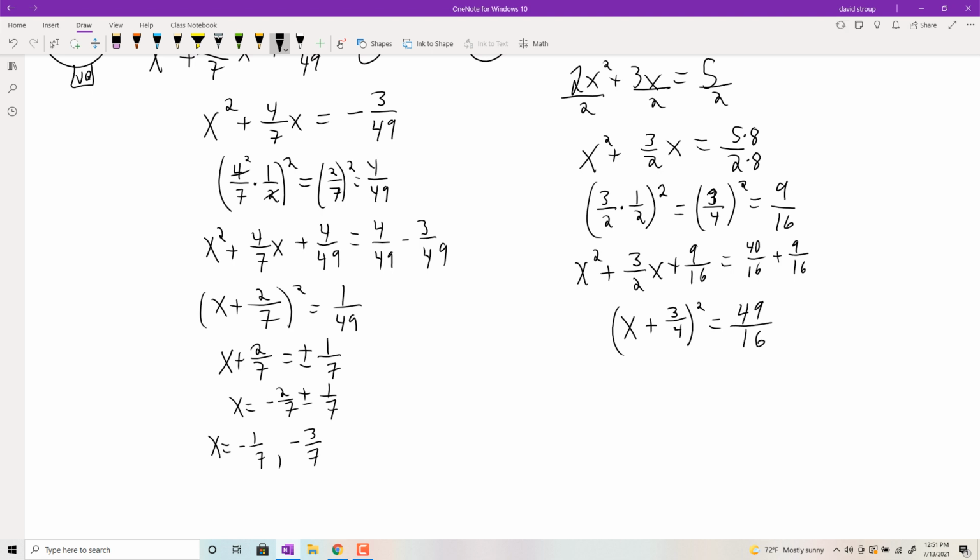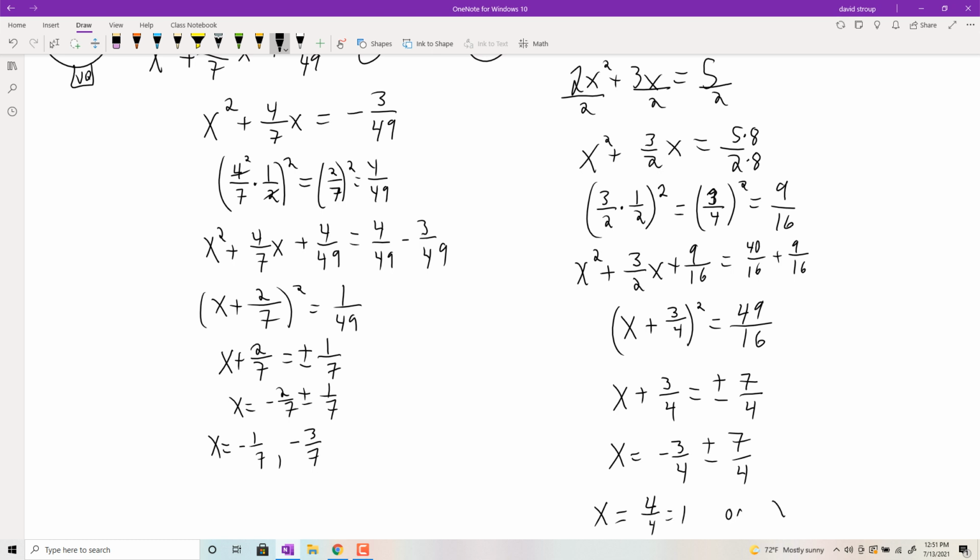Then square root property, x plus 3/4 equals plus or minus square root of 49/16, which is the same as 7/4. Then move the 3/4 over and get your answers. So -3 plus 7 is 4/4, which is 1.